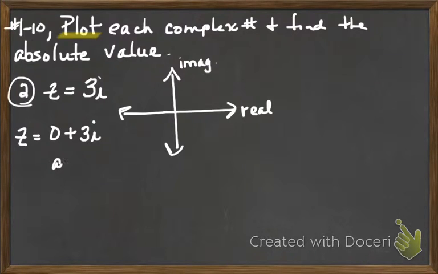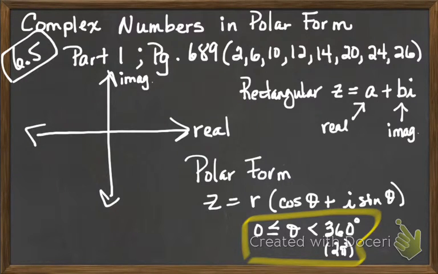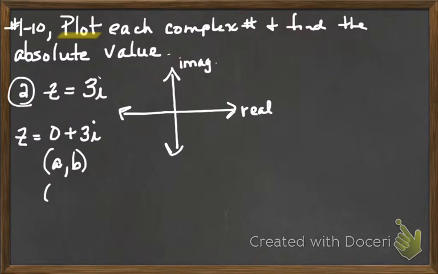All right? So same concept. What's the a value of this point? All right, 0. So if we go back and look at this, the a part is the real part, the b part is the imaginary part. So the a part would be 0 and the b part would just be the 3 part. a is the real part, b is the coefficient of your imaginary unit i.